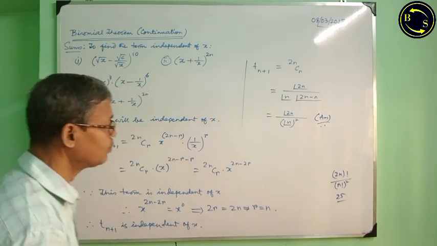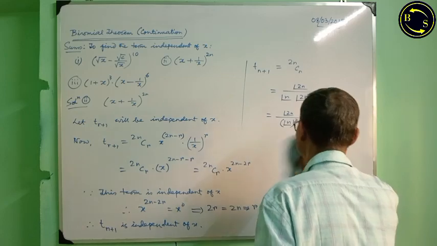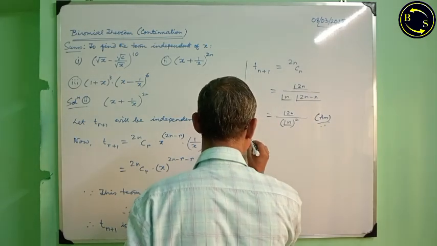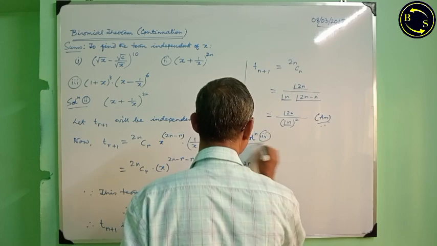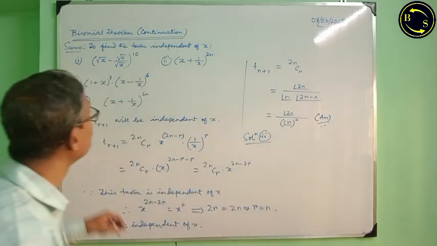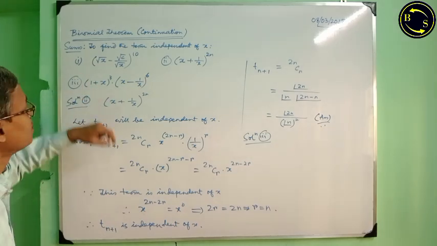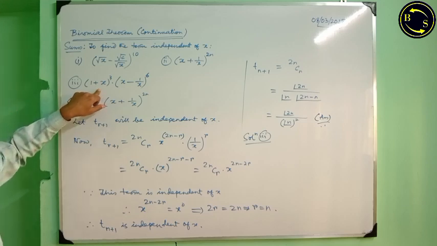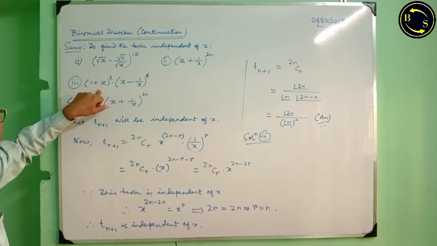Next sum, number 3. I start from here. Solution 3. We have to find the term independent of x in this case. Since it is not in the form a plus x whole to the power n, we have to think differently.